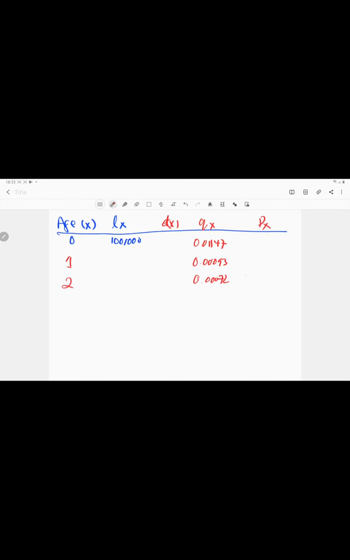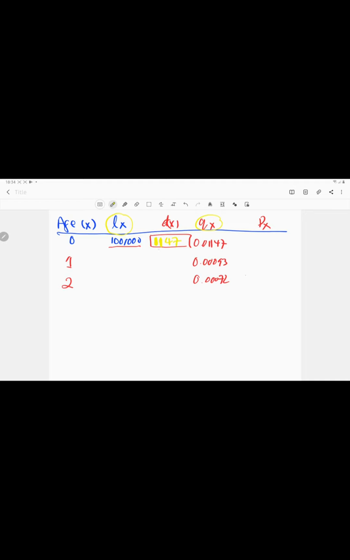Since I've got this as 100,000, it's very easy to calculate the value at this moment by multiplying this value by that. If you multiply the two, you get 1,147. So this is the first value that you can have.